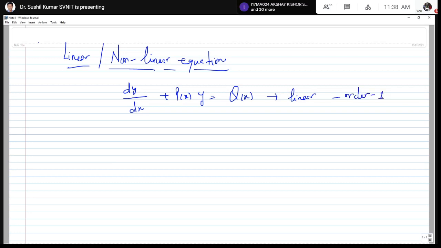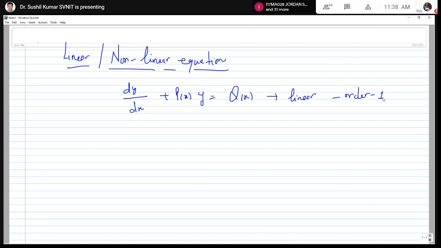Okay. If you have higher order, then I will define the linear non-linear partial differential equation of higher order. So the degree should perhaps still remain 1 even if the order is higher.